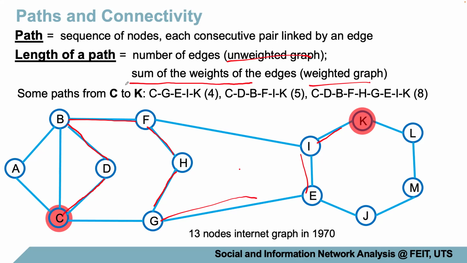So for unweighted graphs, we only count the number of edges on the path, but for a weighted graph, we need to sum the weights of all the edges. Is it clear? Is it what you're asking? Okay, good. Thanks for the question.